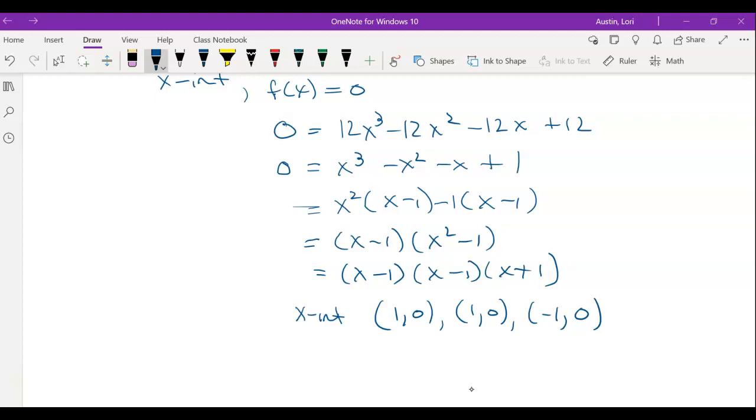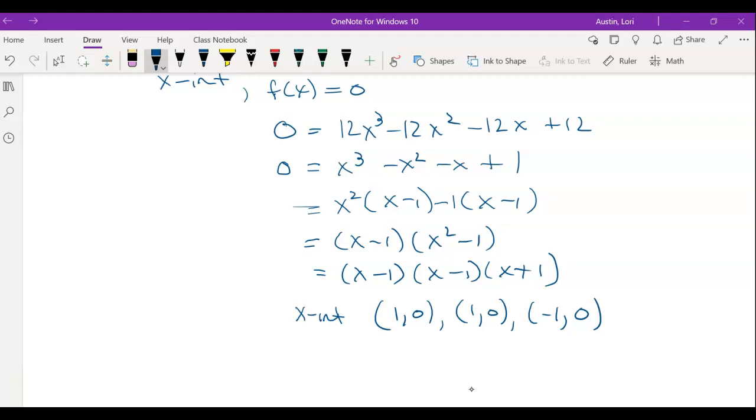So you have x-intercepts at 1 and negative 1. Does anybody remember what occurs on the graph when you have a double? This is one of those little things. Yeah, it touches it, it doesn't go through. All this stuff is good to know when you're trying to sketch a function.